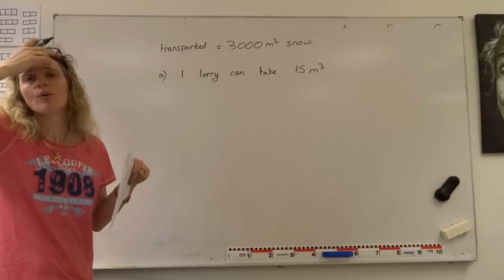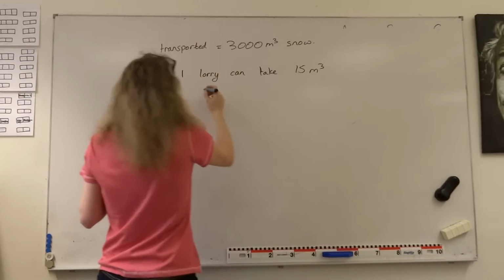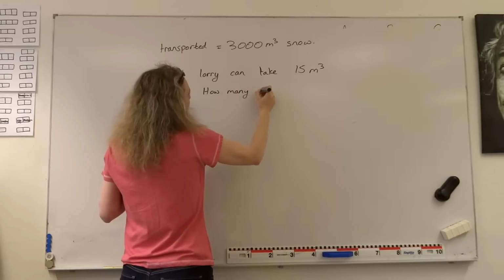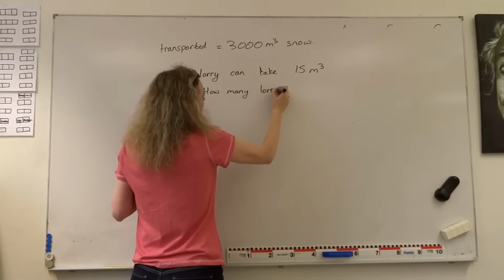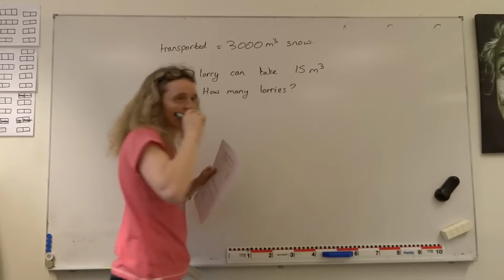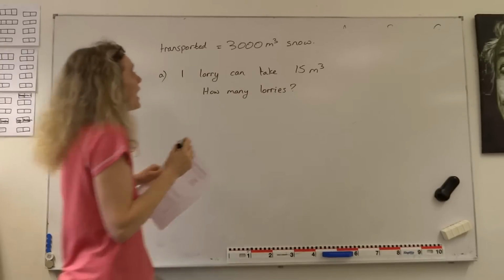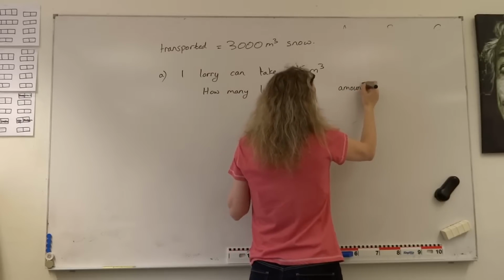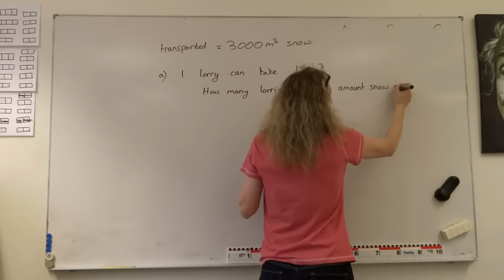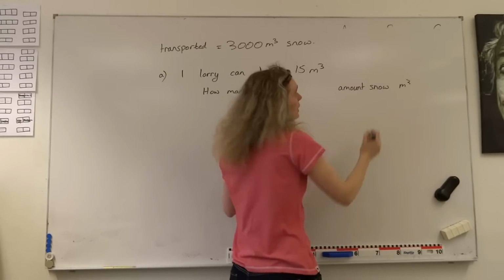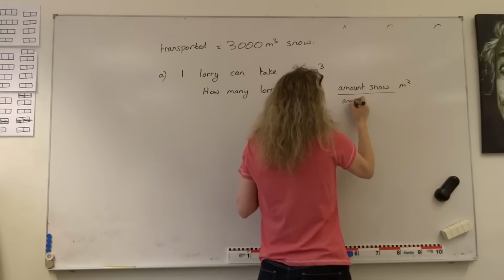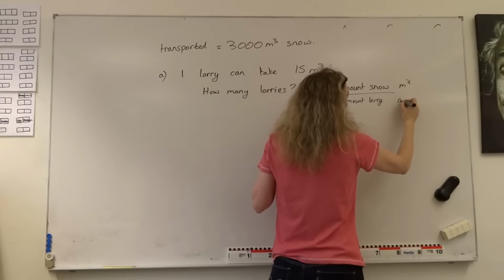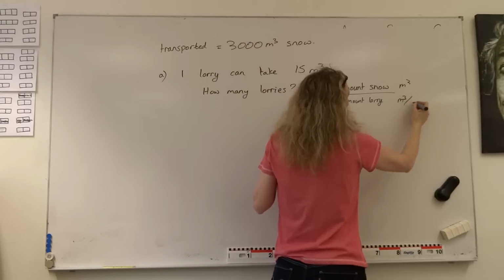This is how much snow we need. How many lorries are we going to need? Or how many trips on each lorry? Okay? So in order to get that, we need the amount of snow, which is in meters cubed, divided by the amount that a lorry can take, which is in meters cubed per lorry.